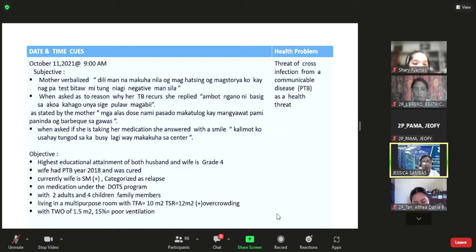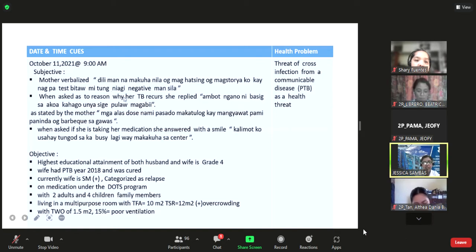In the formulation of your NCP, you need to write down the date and time, and then the cues. You should categorize them into two: subjective and objective. So, for example, mother verbalized: "They cannot get it, they cough, I tell stories, because they had a test and they were negative."